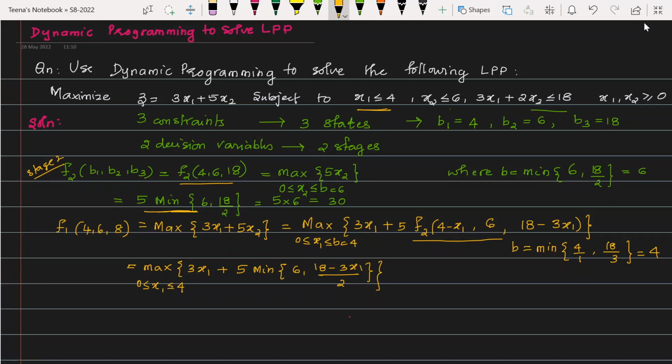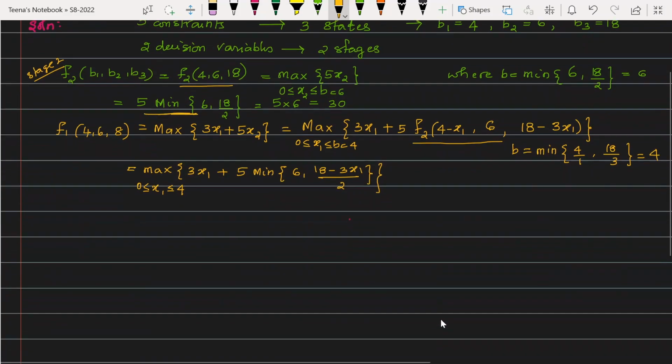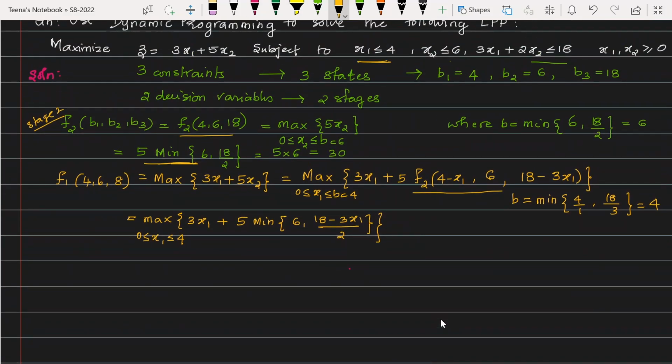Now let us see what these minimum values are. So we just had the recursive equations in order to solve this linear programming problem. Now let us try to see what these minimum values are, and hence we shall find the maximum possible value for Z. Okay, so let me find here the minimum of 6 comma 18 minus 3x1 by 2, minimum of 6 and 18 minus 3x1 by 2.